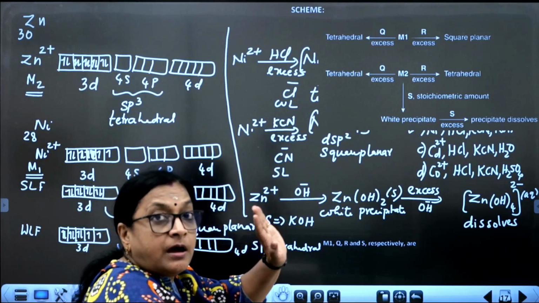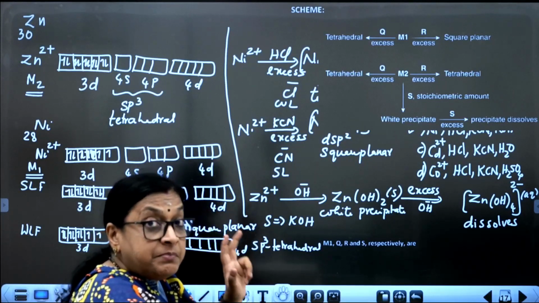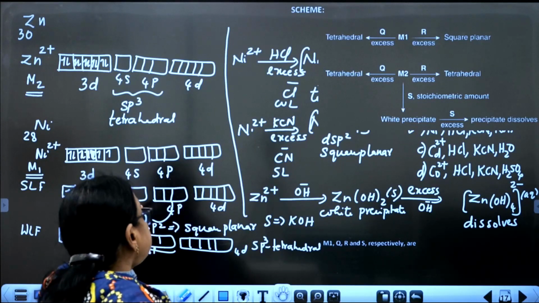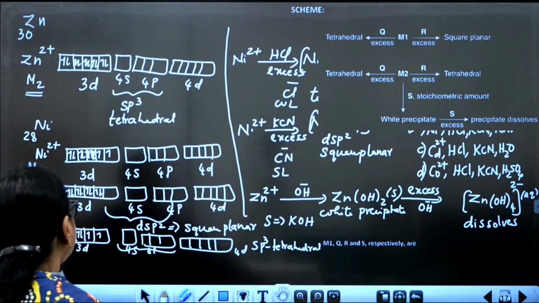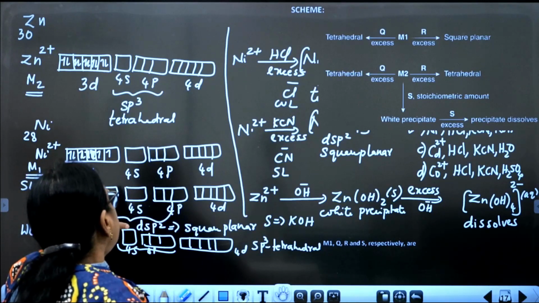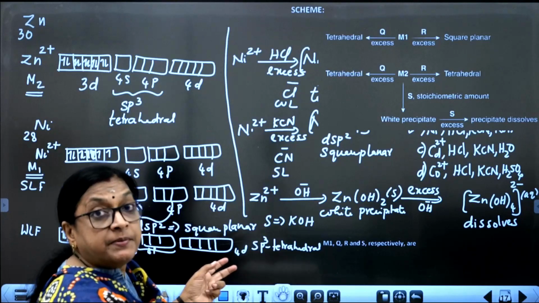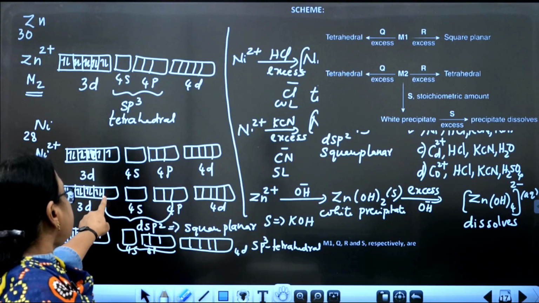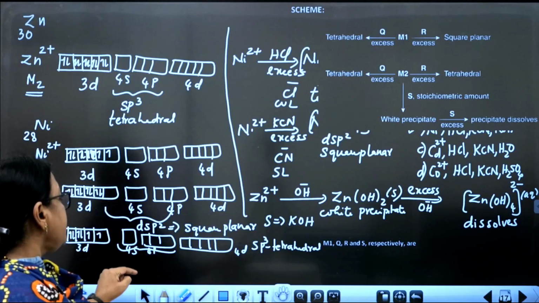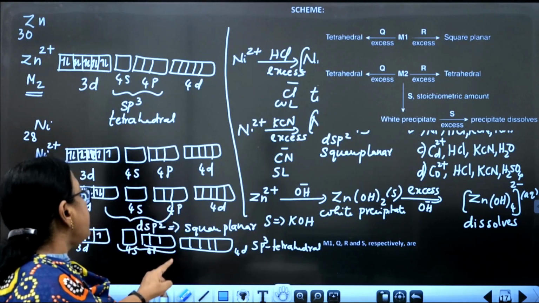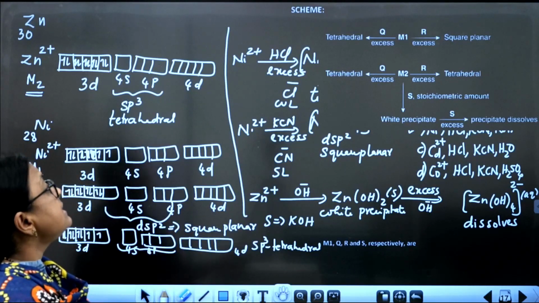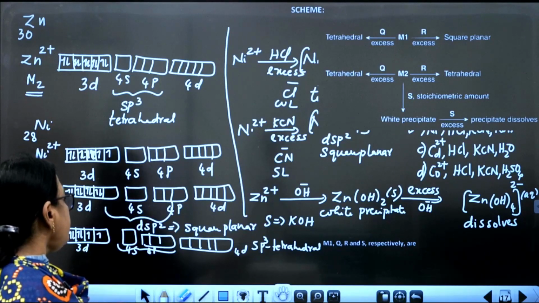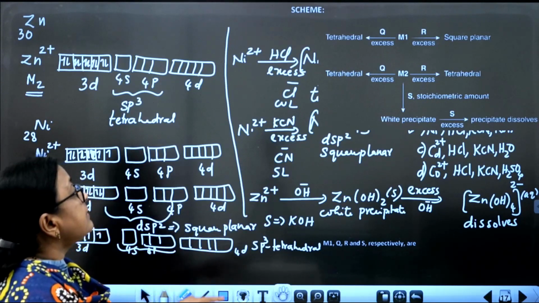And as per our observation, M1 can be nickel 2 plus because nickel 2 plus is a d8 system, which in a strong ligand field, the electrons can get paired up against Hund's rule of maximum multiplicity. Thereby, it can provide a vacant d orbital. It can undergo dsp2 hybridization, giving a square planar complex in a strong ligand field, whereas in a weak ligand field, electrons won't pair up. So, sp3 tetrahedral.